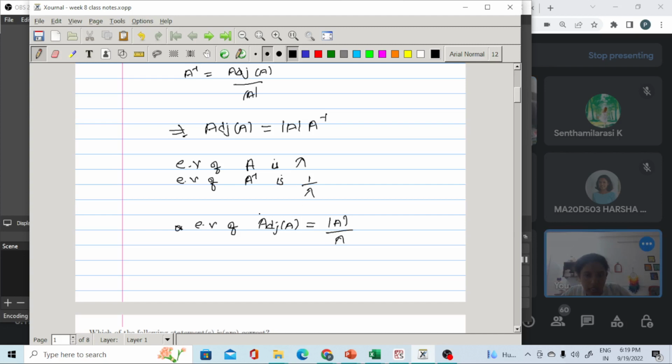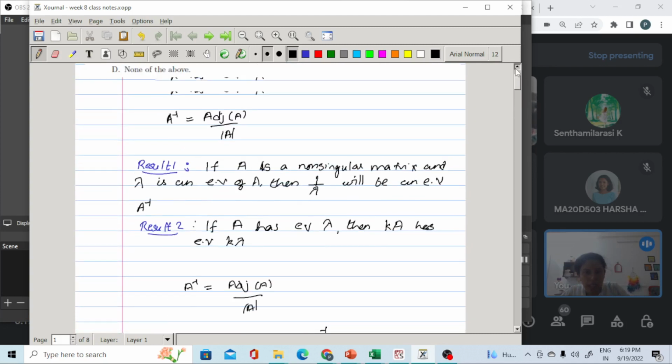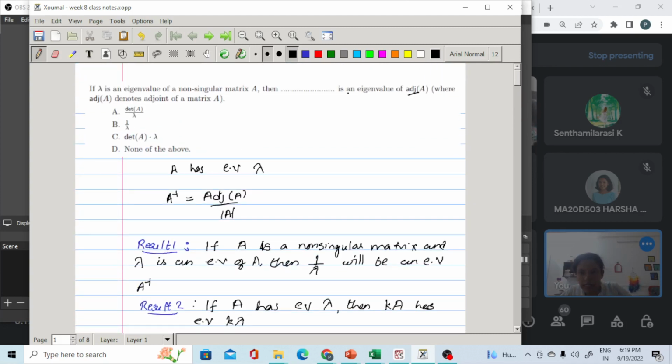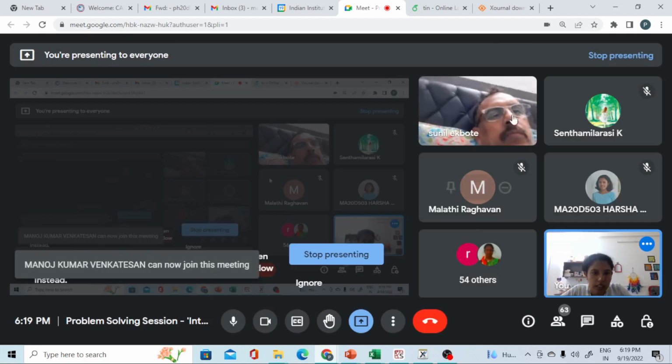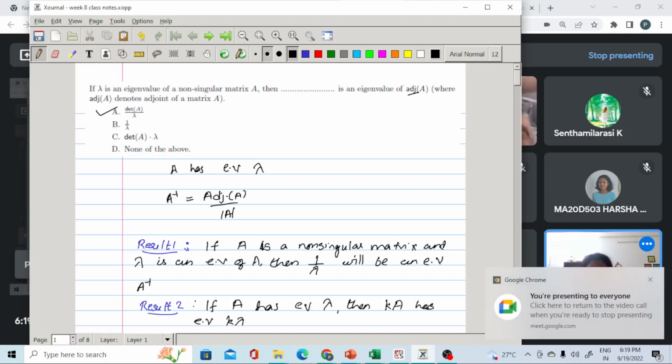So this is the eigenvalue of adjoint of A. The answer is determinant of A over lambda, the first option, A. Is this clear? Does anyone have a doubt in the question? If you have a doubt, you can ask now, or let's move to the next problem.